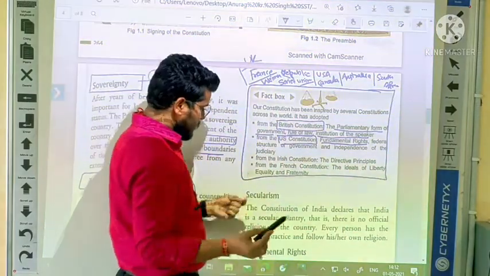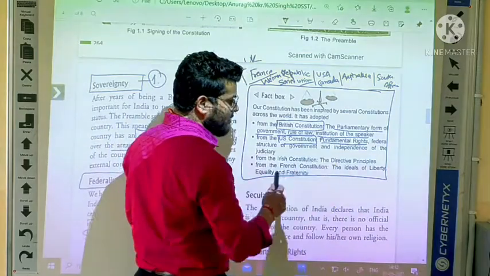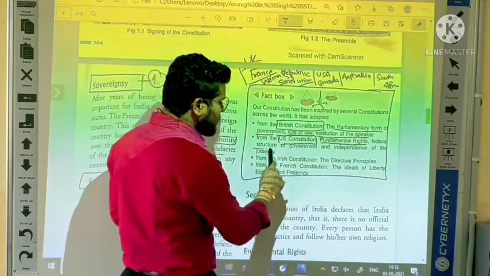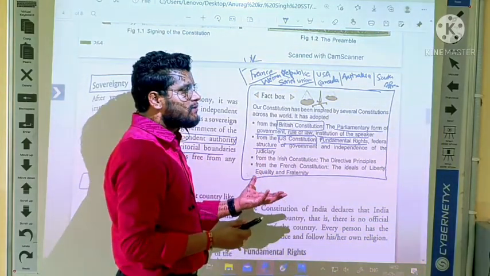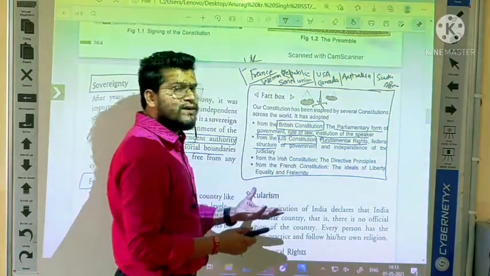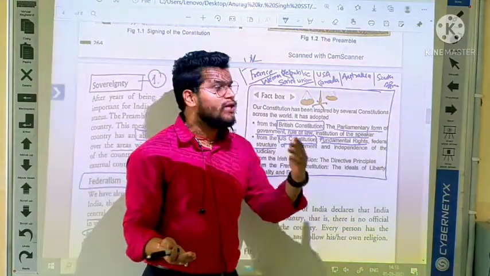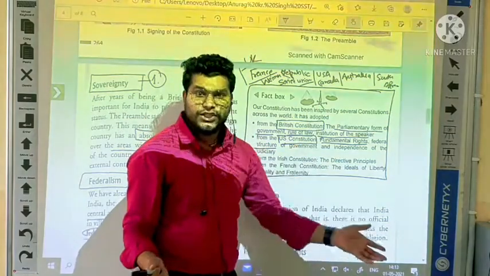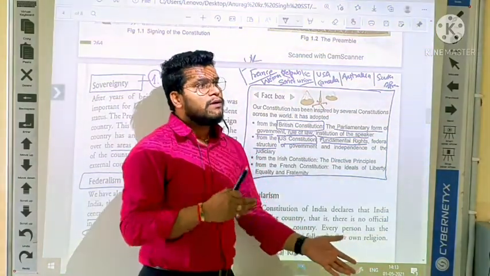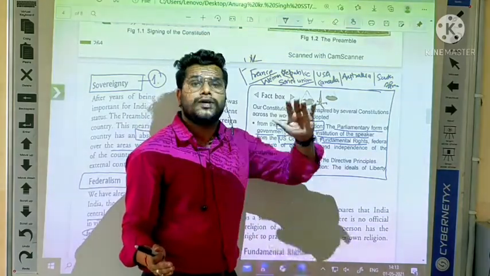Second thing, from the US Constitution we took fundamental rights. Just a minute, after some time we will learn more about fundamental rights. Fundamental rights are basic rights given by our constitution, for example, right to equality, right to freedom of religion, right against exploitation, right to constitutional remedies, cultural and educational rights.